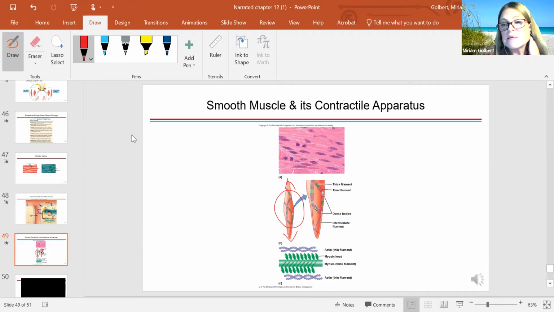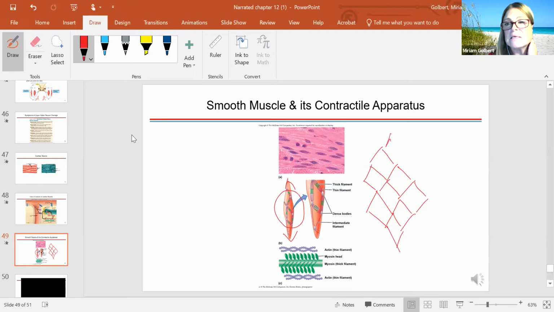But if you notice, the proteins, the thick and the thin, are in this little pattern, the pattern of arrangement of these fibers. And you know what it reminds me of? You know when you buy oranges or lemons in those net-like baggies? So that's the typical arrangement of the smooth muscle fiber. And so the contraction is by pulling like this.